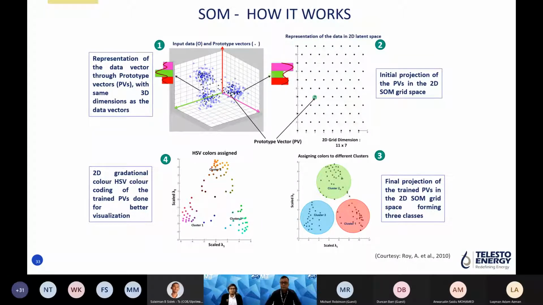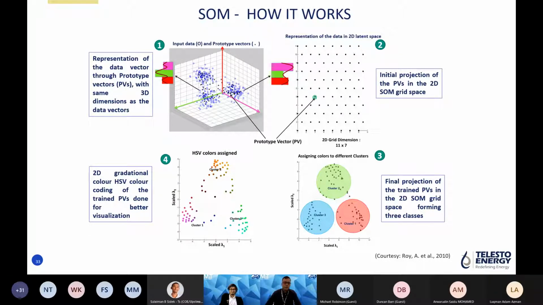Then once it is projected onto a two-dimensional SOM grid space, using SOM and GTM, this is finally projected onto the grid by forming different clusters. So these natural clusters that are coming out from this approach are assigned colors to different clusters. That is what you can see on the bottom right.